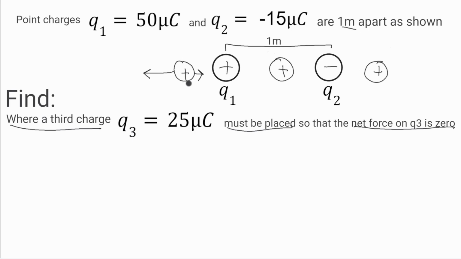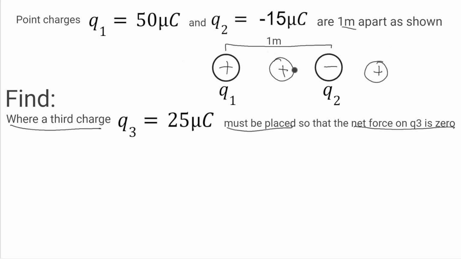So no matter what, there'll never be a point in the distance where the net force would be 0, because Q2 will always have a lower magnitude and will be farther away from Q3 than Q1 is. So for that reason, there's no point left of Q1 where the net force on Q3 would be 0.